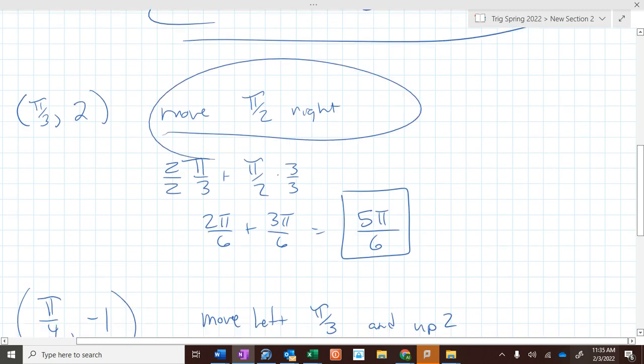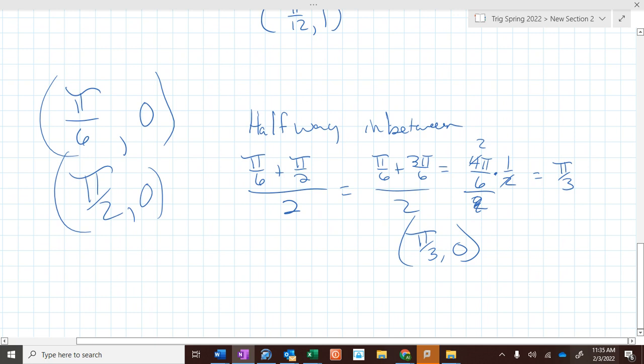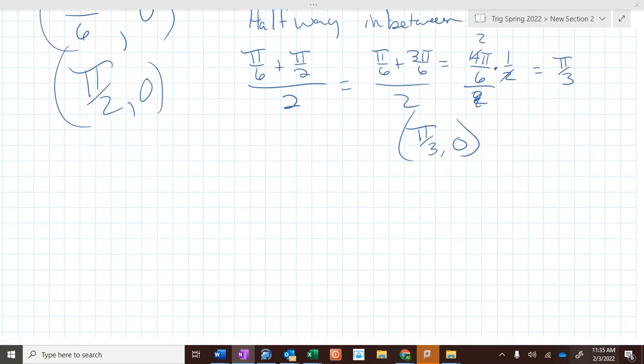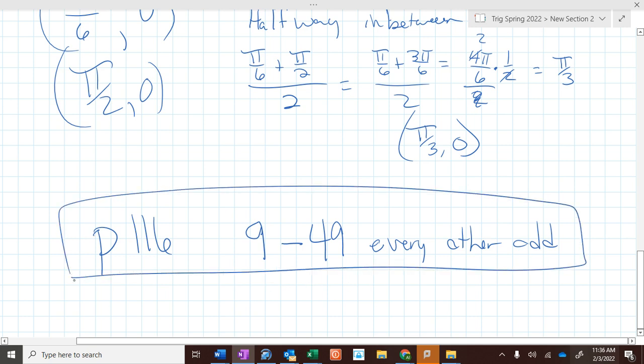Okay? So we're finding values on certain points. We're moving left and right and up and down, and then we're finding halfway in between. So on page number 116, before lunch, we are doing 9 through 49, every other odd.